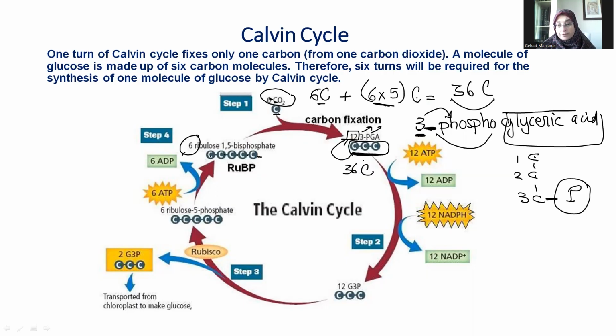And then what happened here between this compound, 12 3-phosphoglyceric acid, and another compound? Here we have 12, which means 12 molecules. This is the number of molecules. And here we have another compound, which is called glyceraldehyde 3-phosphate.